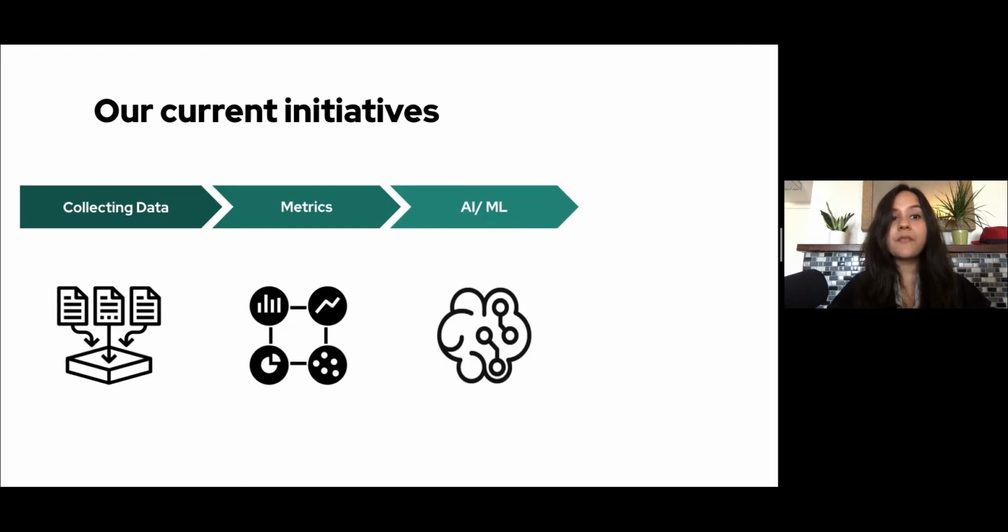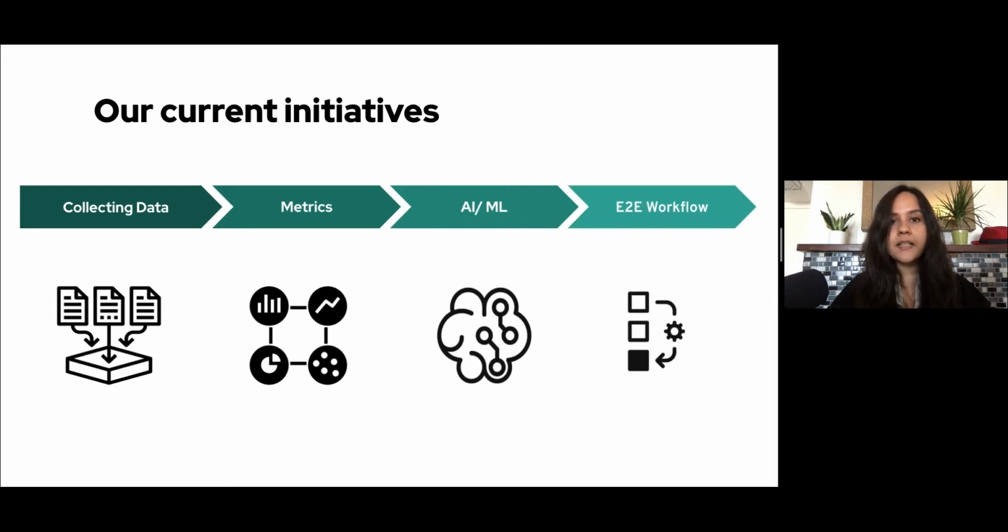We are also involved in building AI and ML techniques to improve the CI workflow. And finally, we are heavily invested in creating a reproducible end-to-end workflow around data collection, analysis, and modeling efforts using multiple technologies like Elyra, Kubeflow pipelines, all of which is developed, built and operated on the Operate First environment.